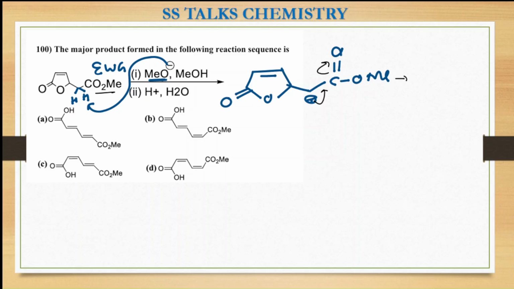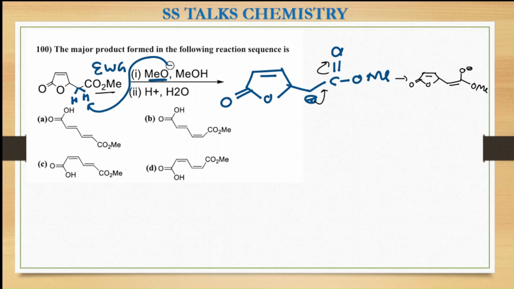So after that we will be getting this particular species formed over here. Here this carbonyl group is remaining as it is. Okay, so we are having this alkene group formed over here, and here will be this O negative and this OMe group will be present at this position.